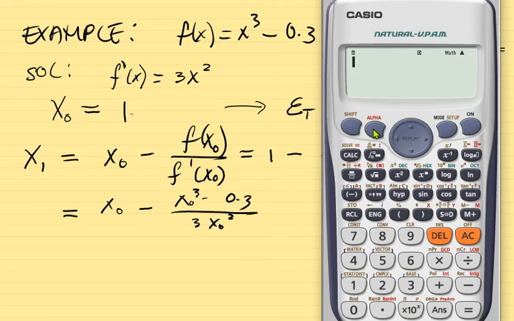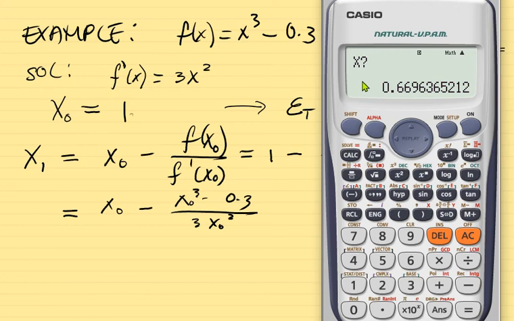So shift, alpha x, then minus alpha x cubed, then minus 0.3, all over 3 times alpha x squared. Then you just press calc. After inputting this equation, you press calc, and it will ask you what the value of x should be.